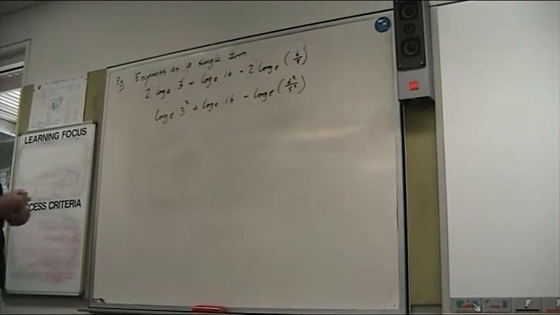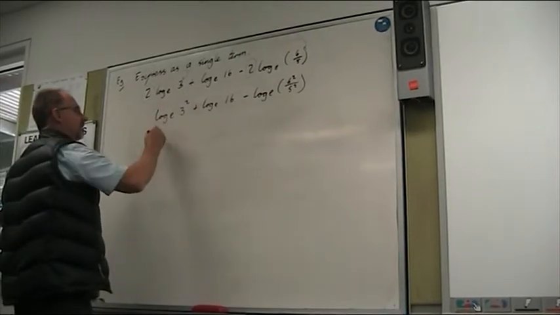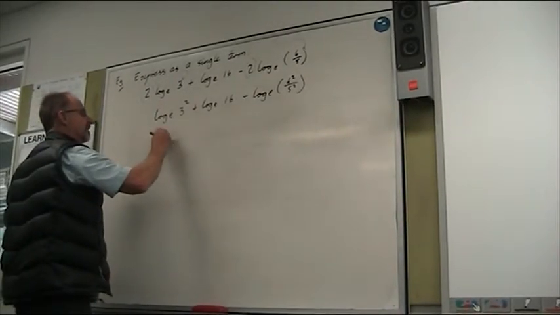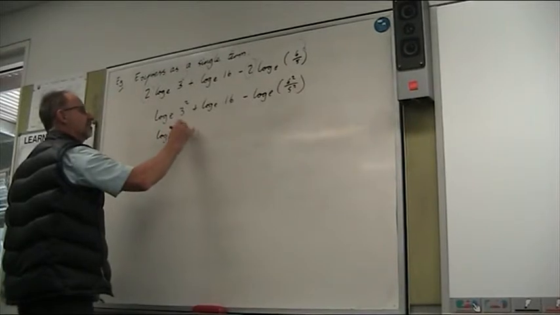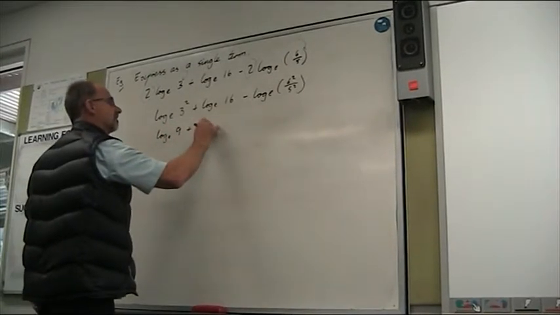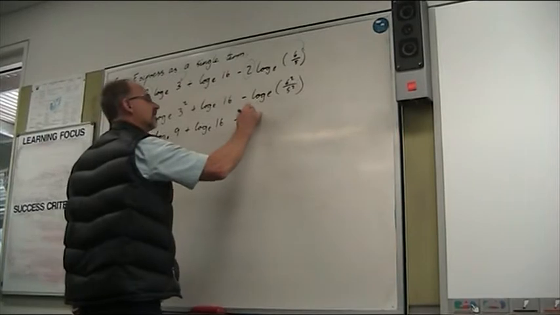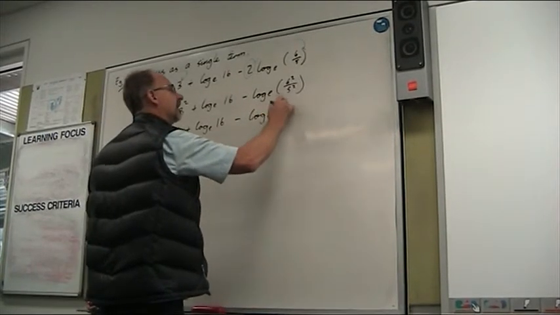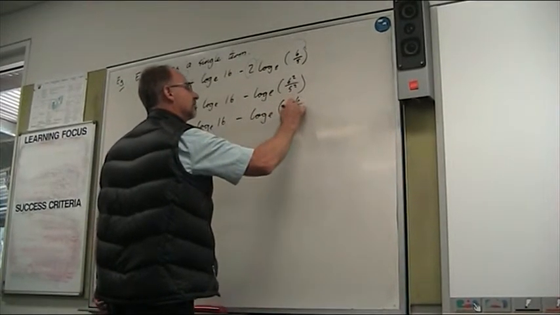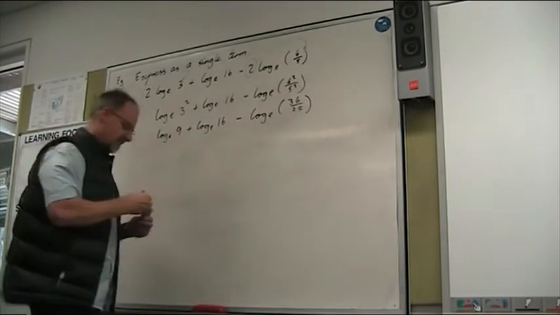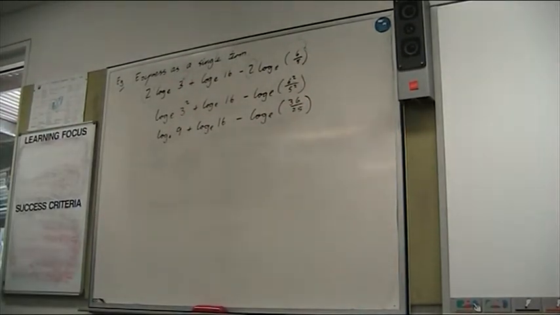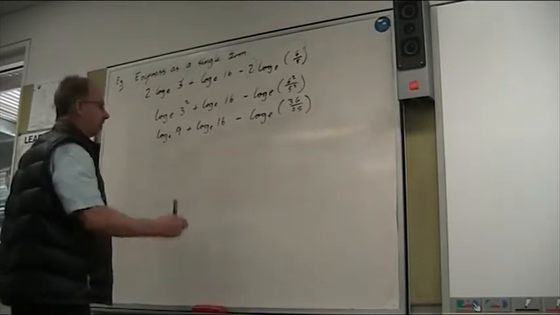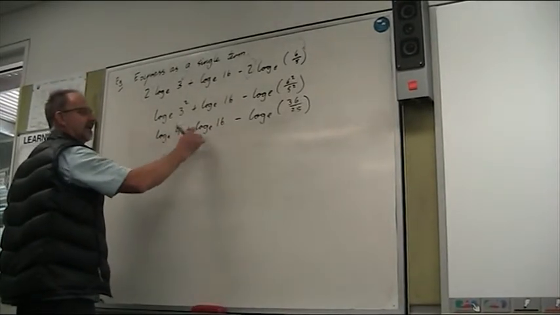All right, so let's work out what that is. That's log to the base e of 9 plus log to the base e of 16 minus log to the base e of 36 on 25. The first log law was about when you had things added together.